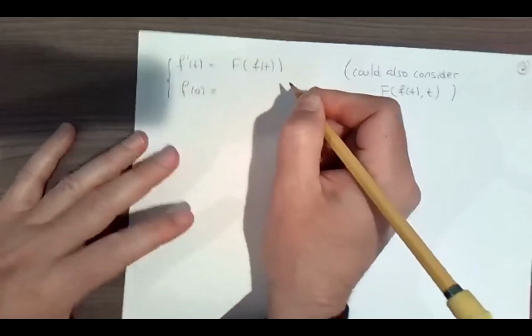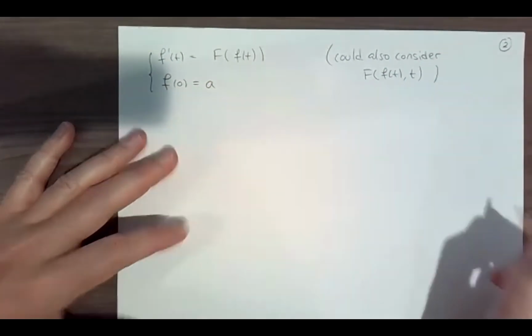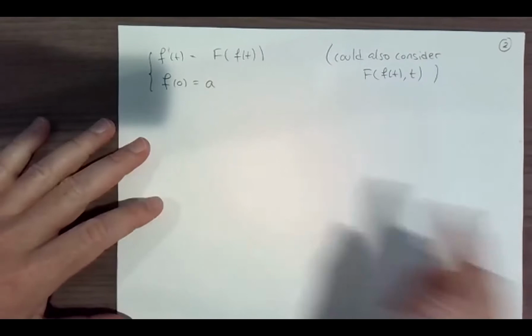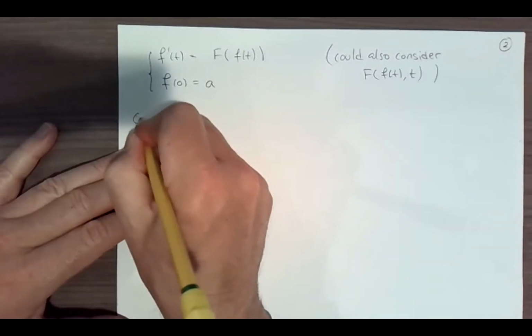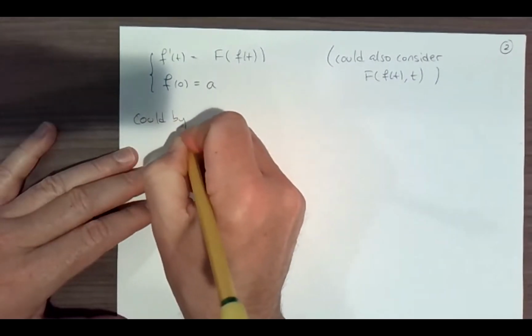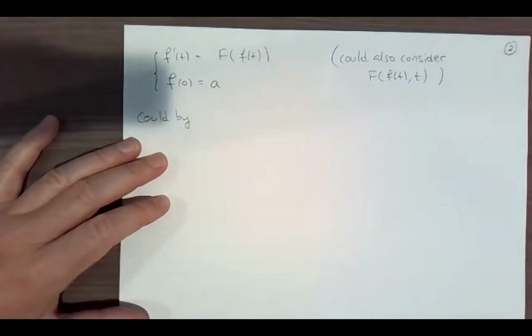And then there's an initial point, say A. And here this could be multidimensional.